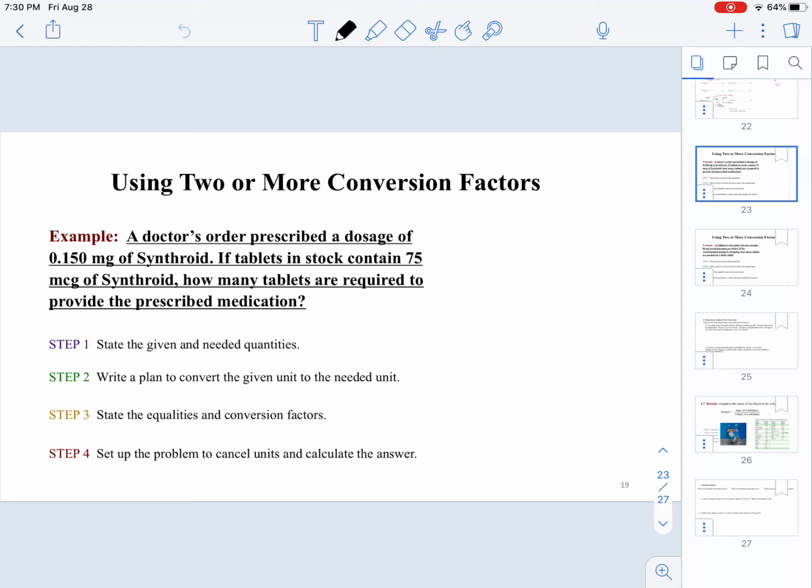So, when we are dealing with conversion factors in clinical problems, understand that there's going to be, in essence, two problems that you will be tested on in this class.